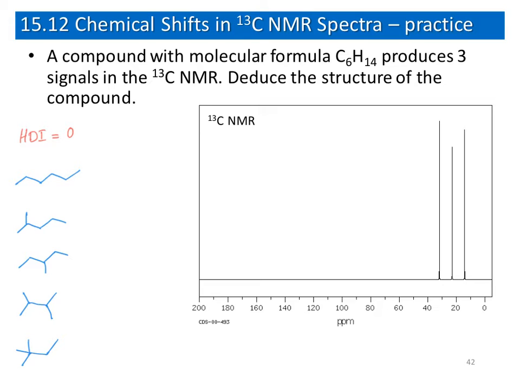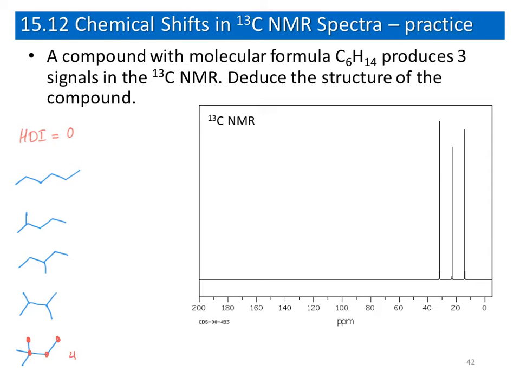Looking at the bottom structure, we don't have any symmetry in this molecule. These methyls are identical, since they are connected to the same carbon with a single bond, so we have free rotation here. Therefore overall we are going to see a signal for this, and this carbon.